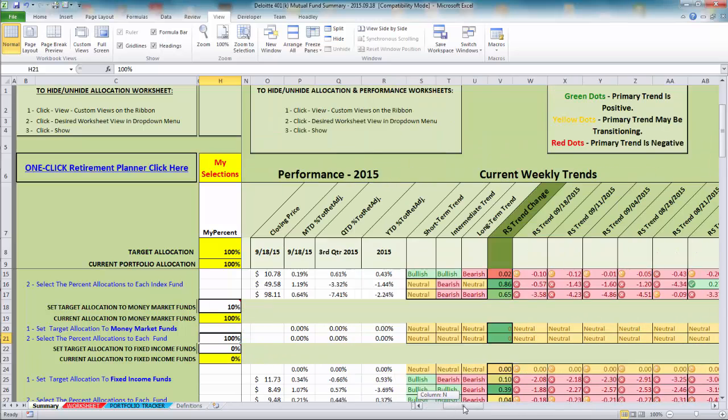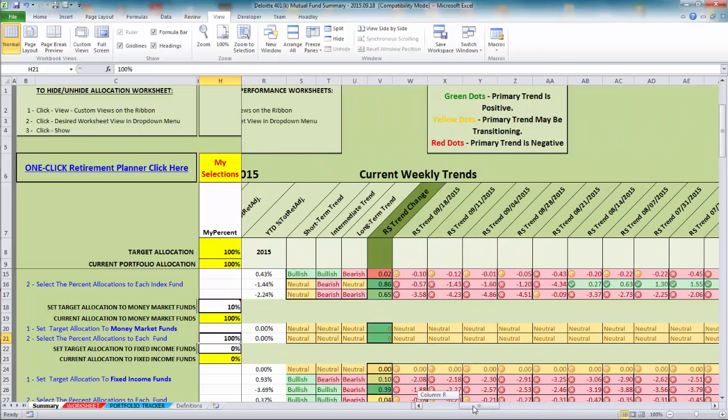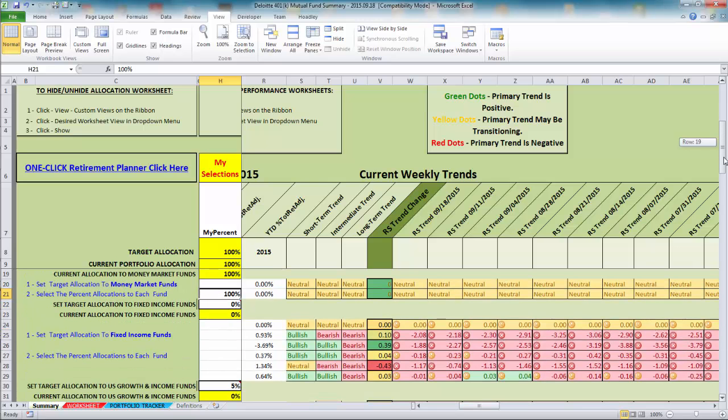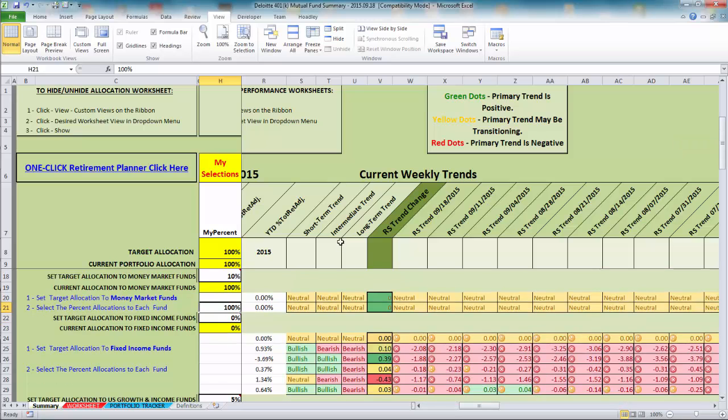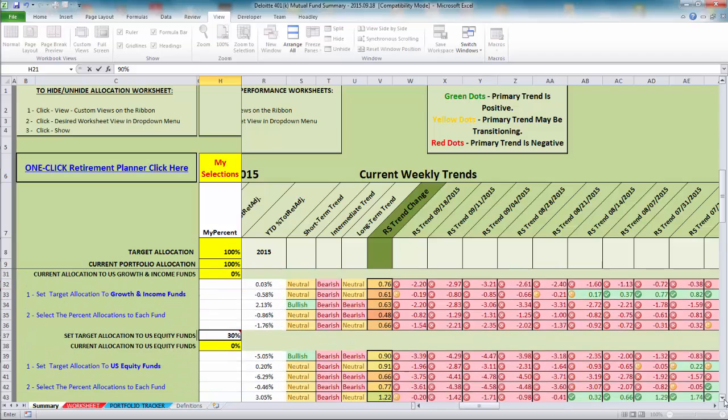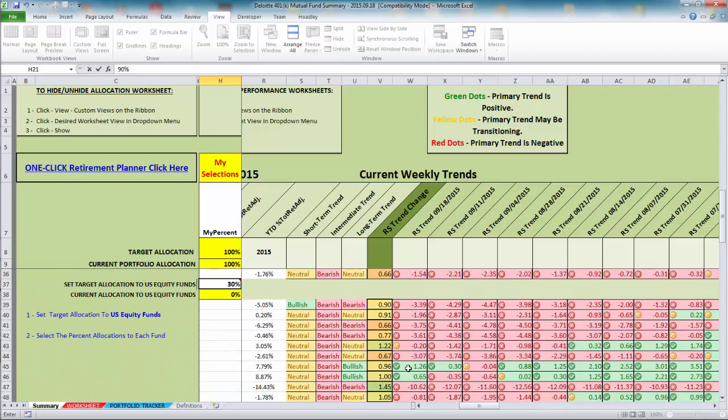But with two green lights that we saw on two of the funds, we're going to go ahead and see how we can start to reallocate capital back into these funds. So the first fund that we're going to do is we're going to take 10%, and that'll leave 90% in the money market. And let's go down and find where we had this.